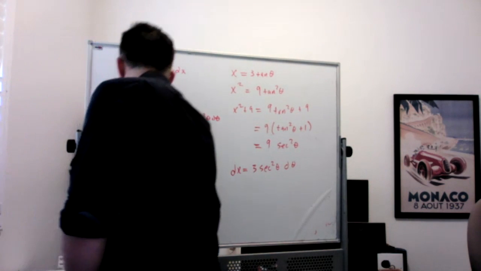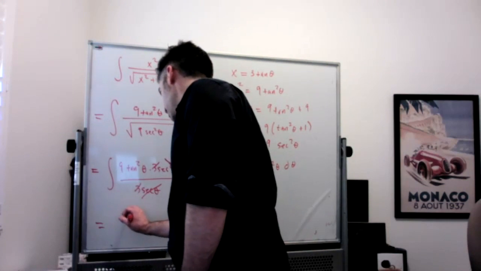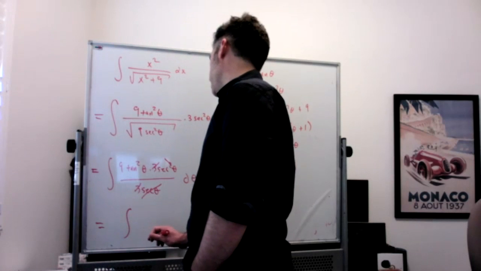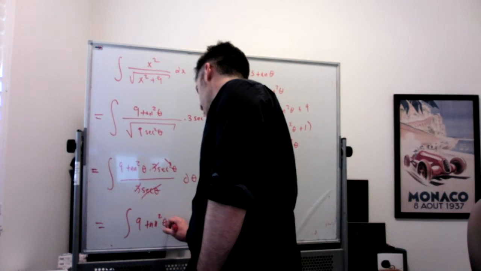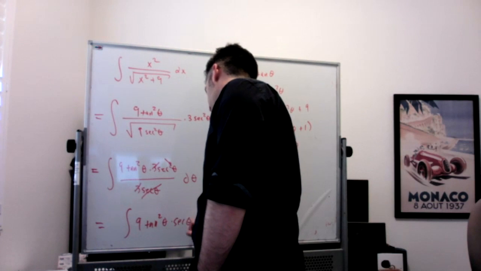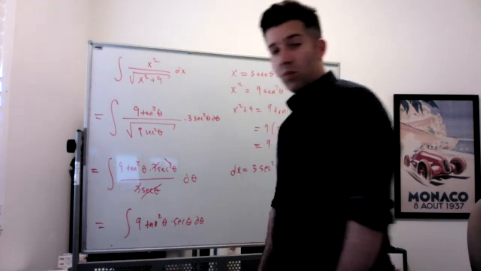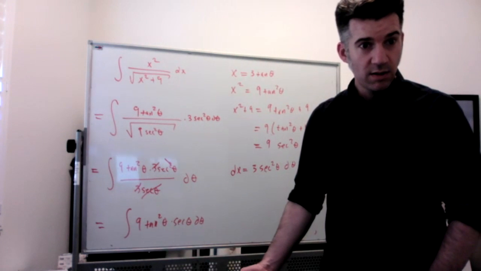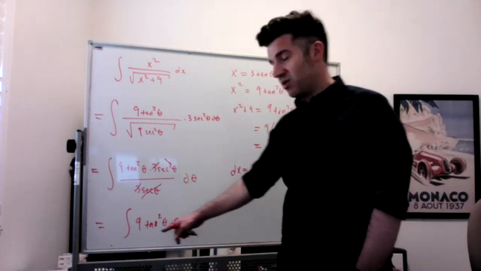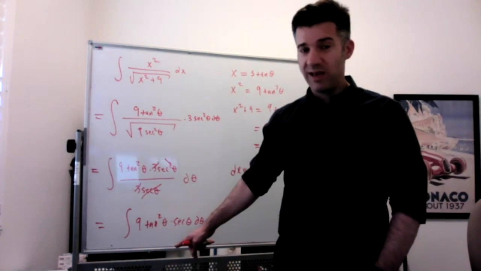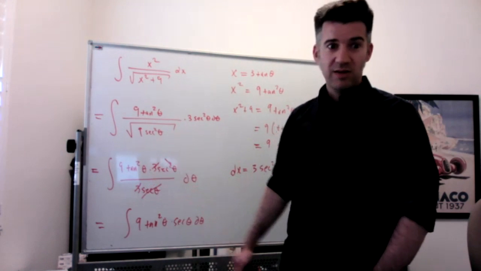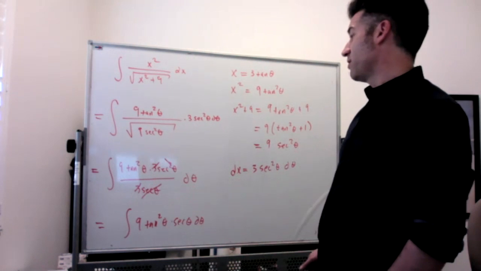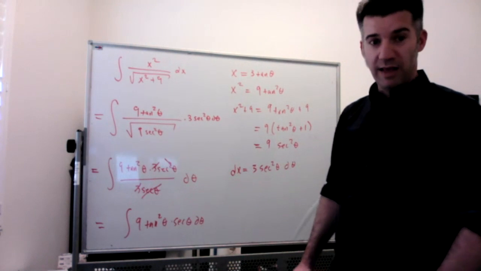So I'm left with the integral of 9 tangent squared theta times secant of theta d theta, which is a bummer because this is one of those ones where you have to do integration by parts and then use the trig identity. So that feels lame.